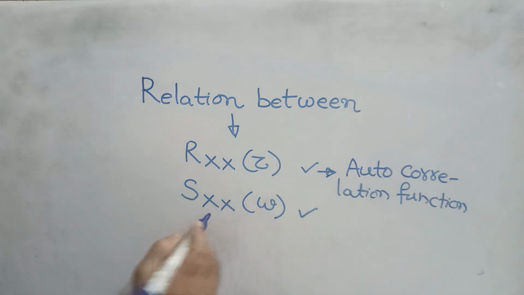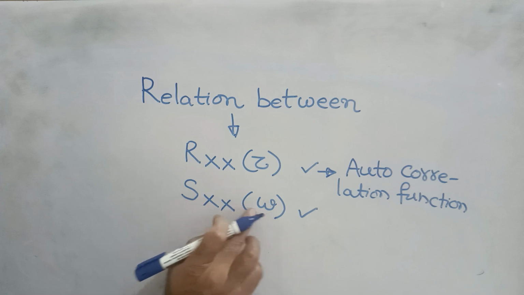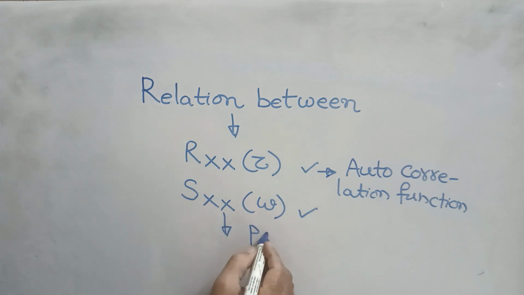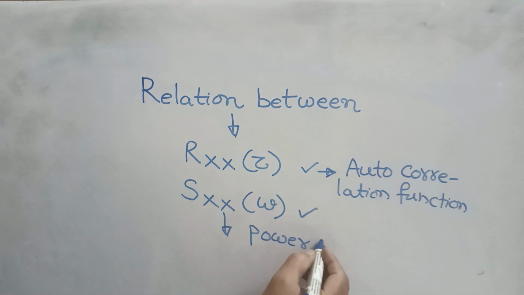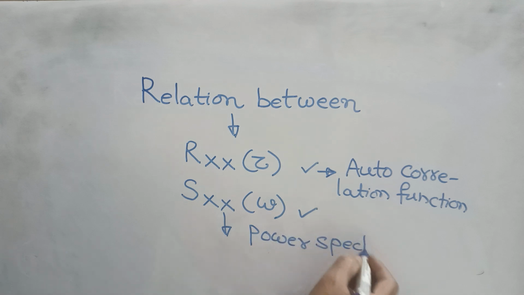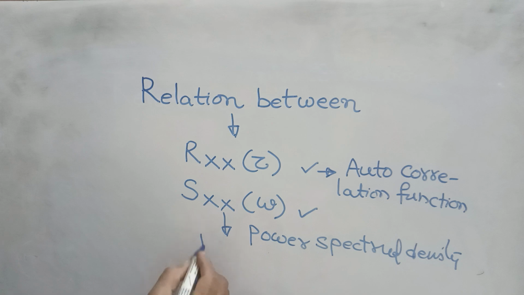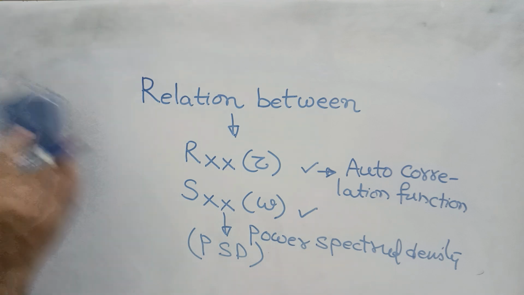Whereas this particular Sxx of omega is called the power spectral density, also called PSD, the power spectral density of a signal or the input, right?